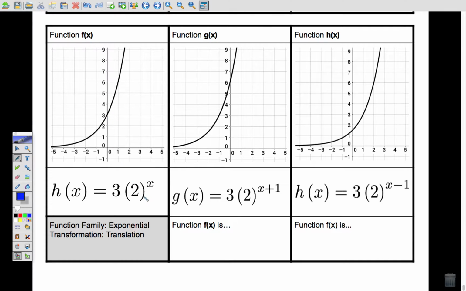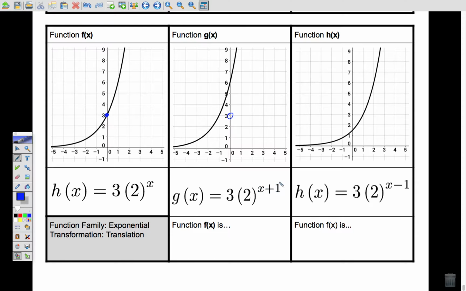We can see that it starts here and it got multiplied by 3, so it's still multiplying by 3. So let's pay attention. There's an easy point to follow. So that should be here. So we can look and see if it's going up, but notice the thing that got changed was the x.